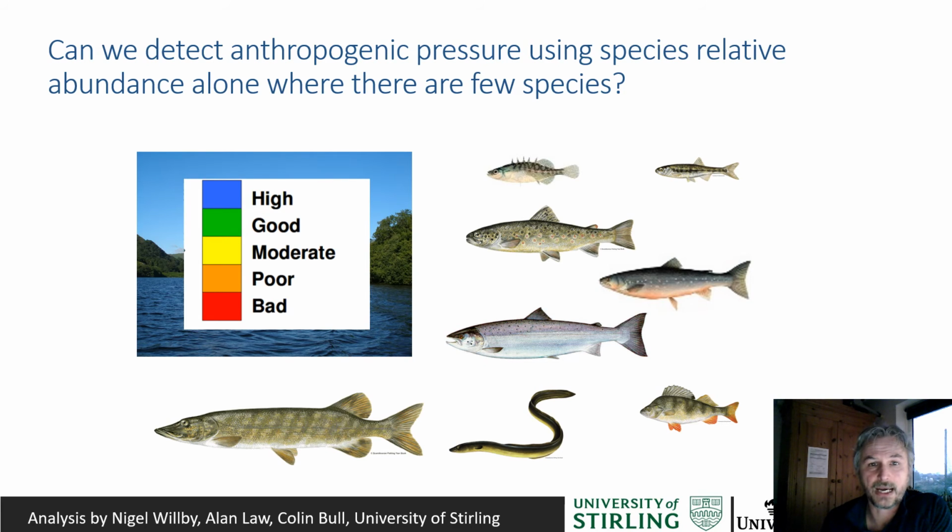The question was now, can we detect anthropogenic pressure across a wide range of different lakes, just relying on these relative abundance data which we can extract from eDNA, especially in a situation like the UK, where we actually have very species-poor lakes? So are the data powerful enough that you can actually assign a lake to WFD status?